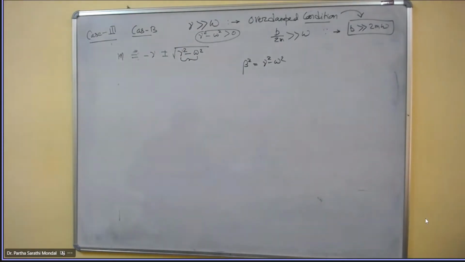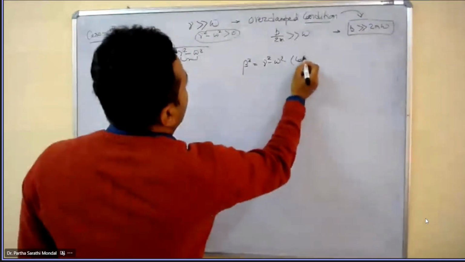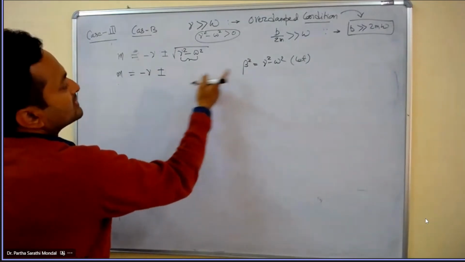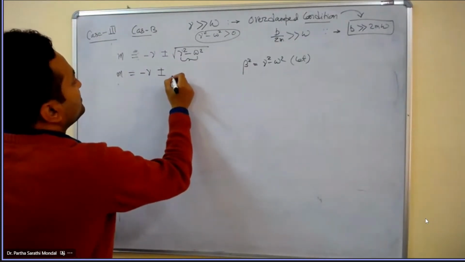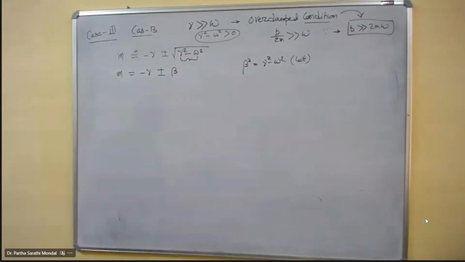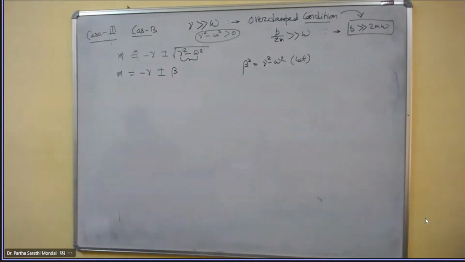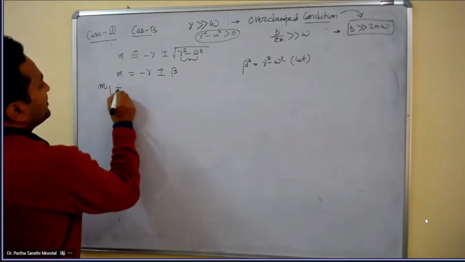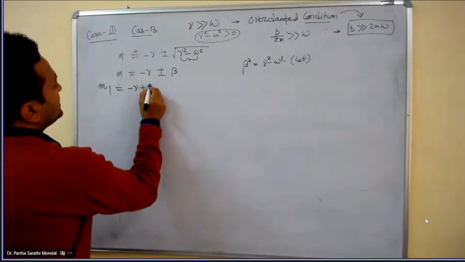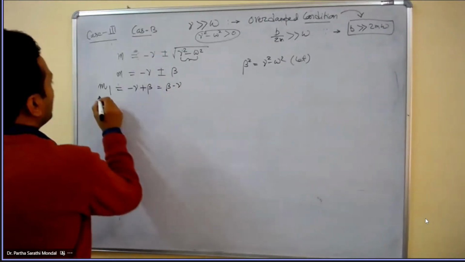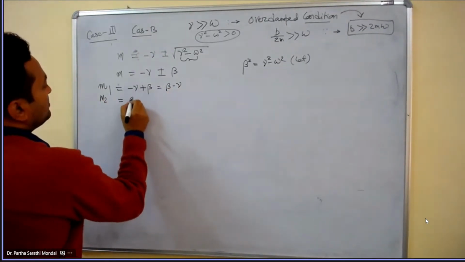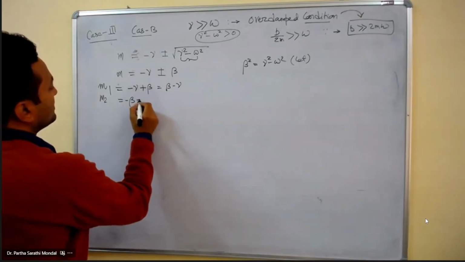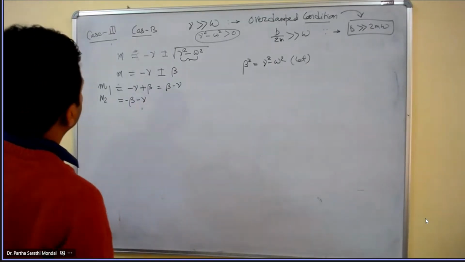If we put this value here, a will become minus gamma plus or minus beta. So the two solutions will be m1 equal to beta minus gamma, and m2 equal to minus beta minus gamma. So these are the two solutions.